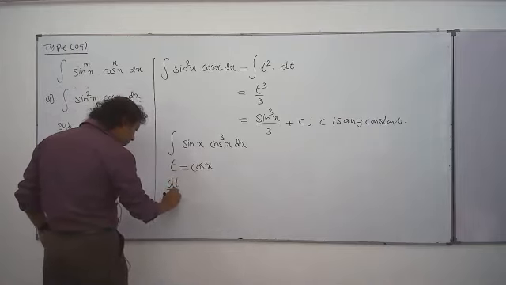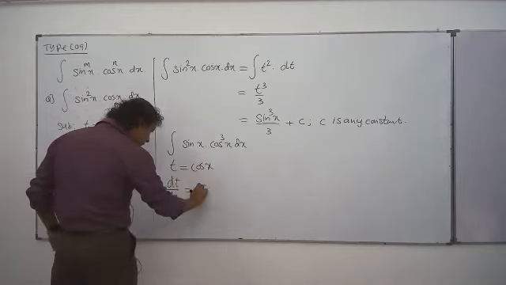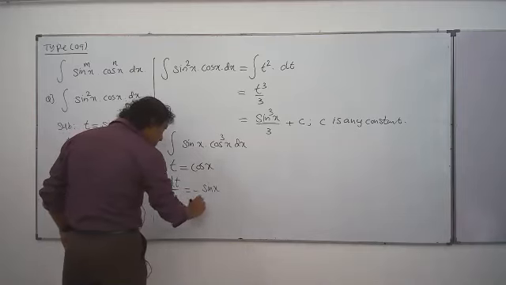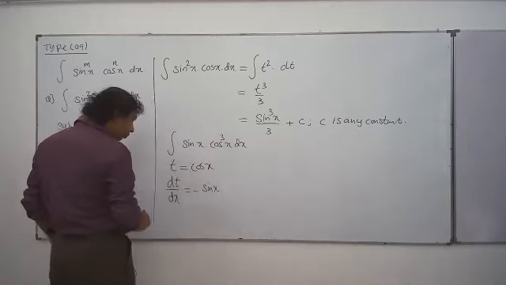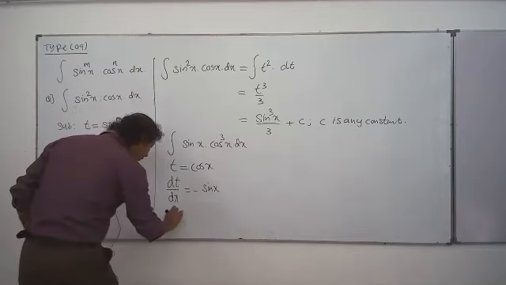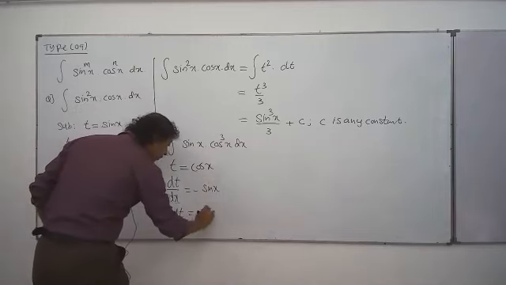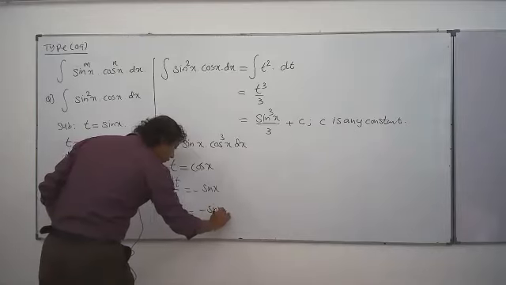Then dt by dx, cos x derivative is minus sin x. Then we get dt equals minus sin x dx.